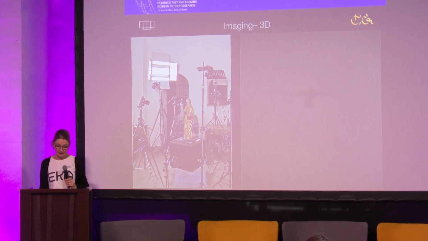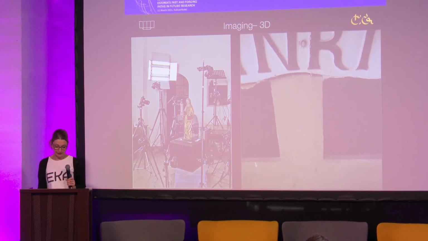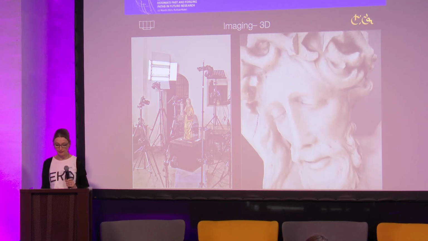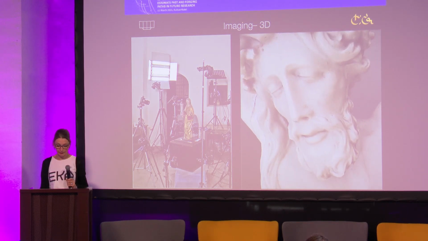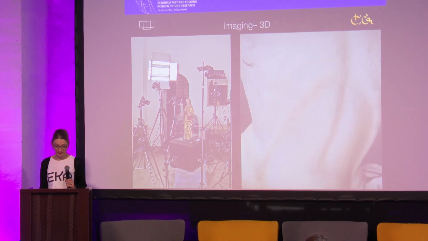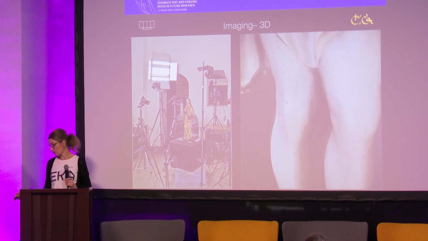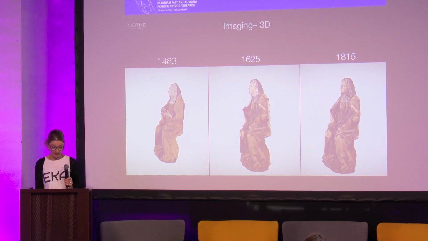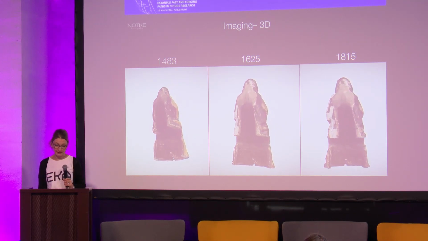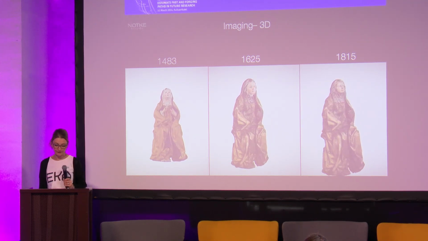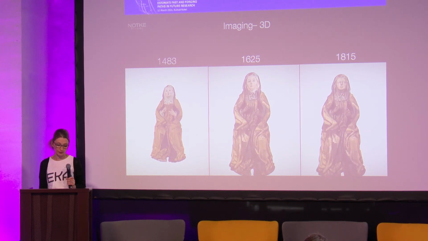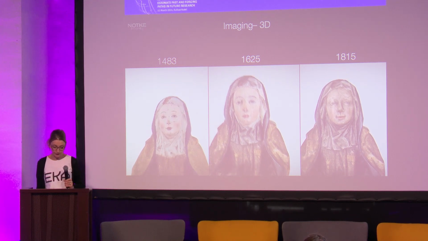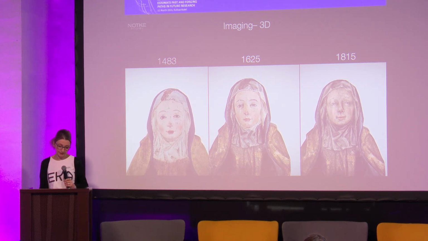For example, in the context of the Akkermann project, we modeled in high resolution almost 200 sculptures made in the workshop of Christian Akkermann. Or another example, here you see 3D documentation of the central sculpture of Bernt Notke's altarpiece, figure of Virgin Mary, which was overpainted in different time periods.